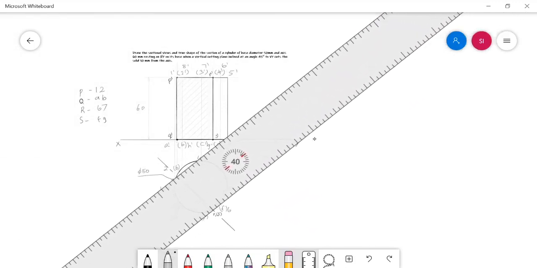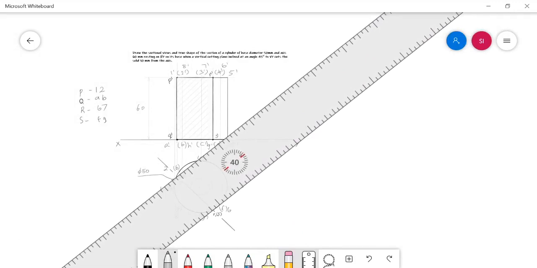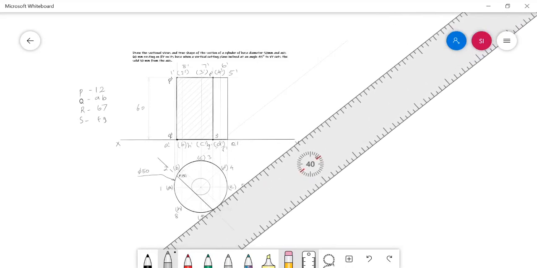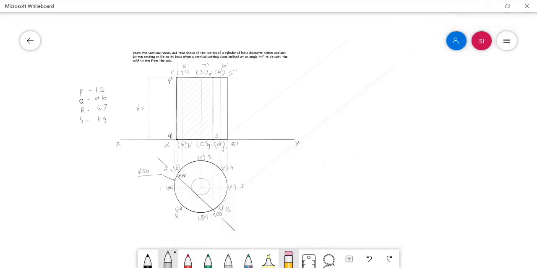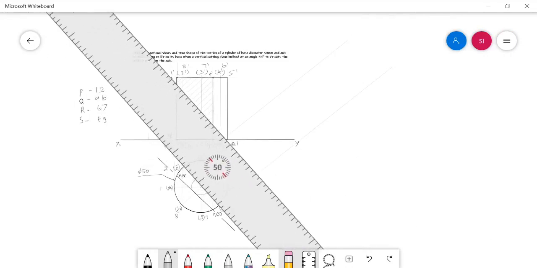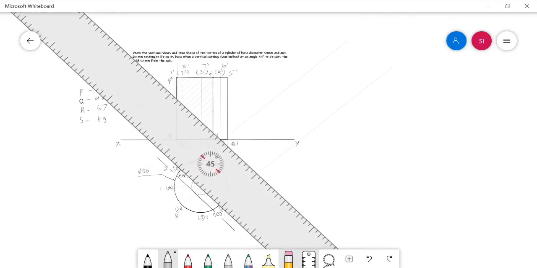Now I am projecting the cut points and the projectors are purely perpendicular to the cutting plane. At a convenient place, I have to mark the auxiliary reference line. The auxiliary reference line should be parallel to our cutting plane.